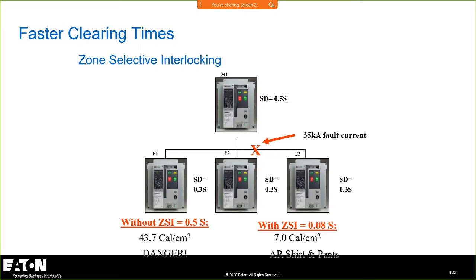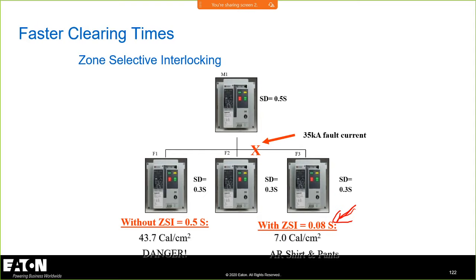And here's the basic value that you get out of it. When you have a fault in this scenario, you could have, without zone selective interlocking, 43 calories per centimeter squared for a fault in that zone. But if you have zone selective interlocking and it trips around 0.08 or 0.07 seconds, you reduce that to 7 calories per centimeter squared. That changes how our guys would be dressed.